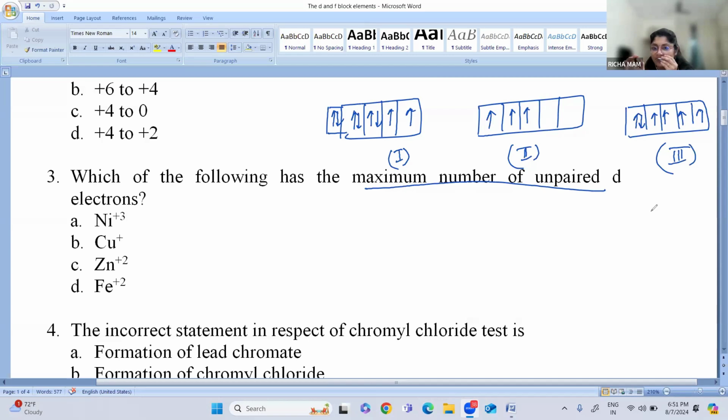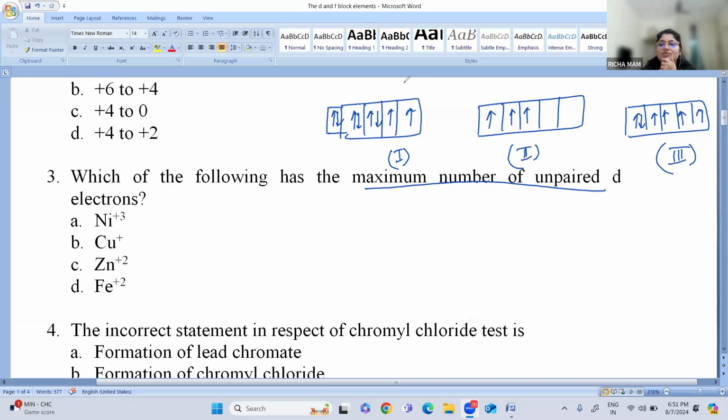Observe all 3 and see in which case unpaired electrons are more. Unpaired means there is no pairing. So just see one more time properly. Third case, ma'am. Janvi has also answered third case.